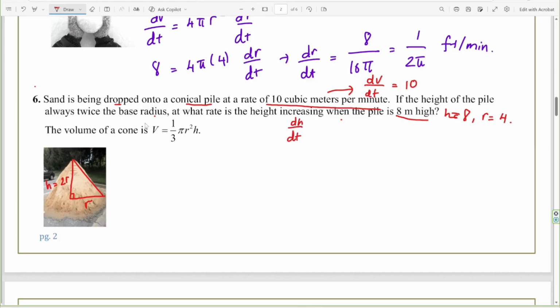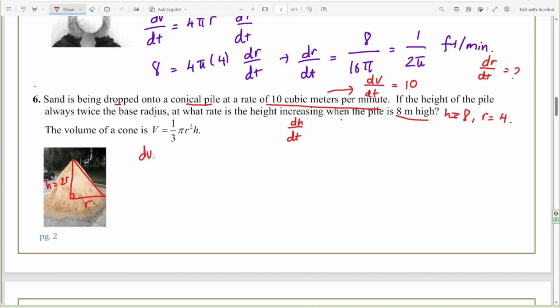Now, we're going to take the derivative of both sides with respect to t. But keep in mind, dr over dt is not given, right? So if we leave it like this, and when we take the derivative of both sides with respect to t, we get dr over dt, right?